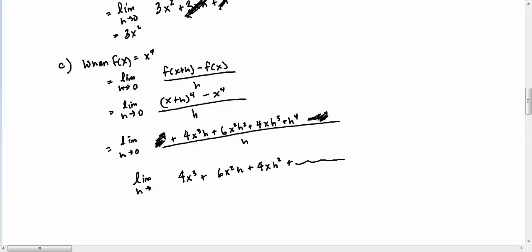So what you're telling me is when I let h go to 0, all of this stuff doesn't matter. Because it will either have a times 0 or times 0 squared or times 0 cubed or 0 to the fourth power or whatever, and all of it doesn't matter. The only thing that's left over is going to be what? Just the 4x squared. I mean cubed. 4x cubed. There we go.